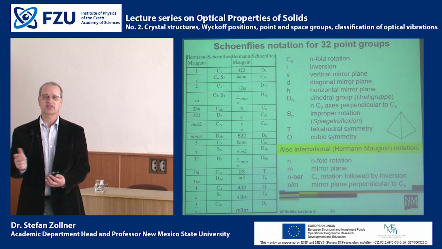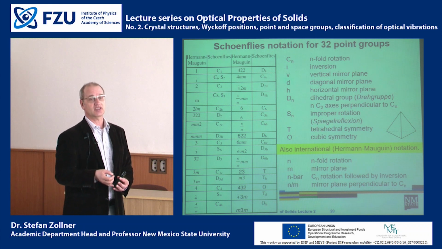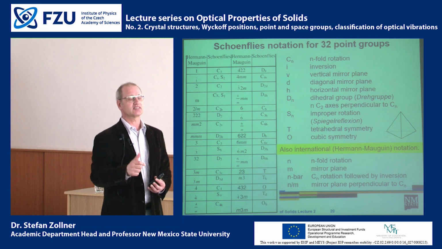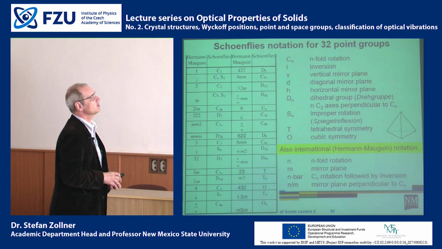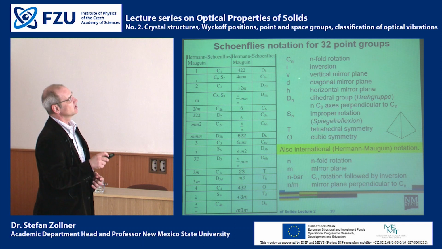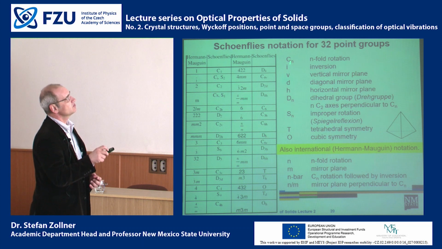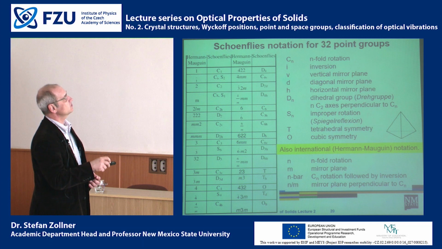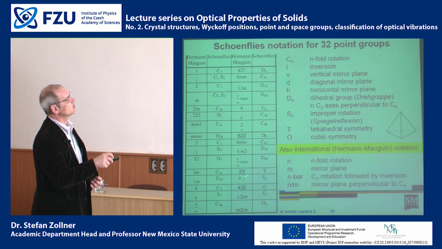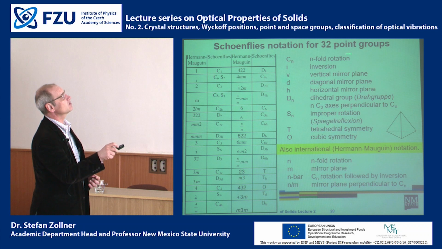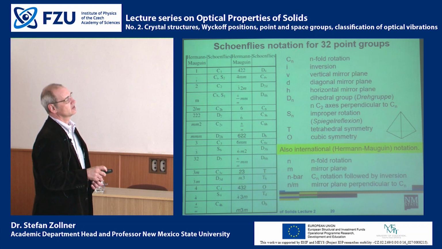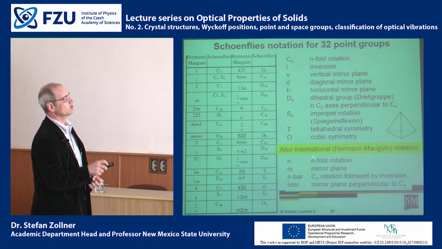And a tetrahedron has many of the same symmetries as a cube, but it lacks that inversion symmetry that we see in a cube. So these symbols here are called the Schoenflies symbols, and we can use the Schoenflies symbols to enumerate the 32 point groups.